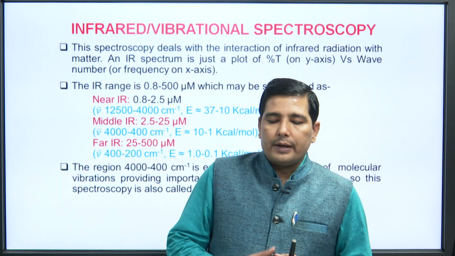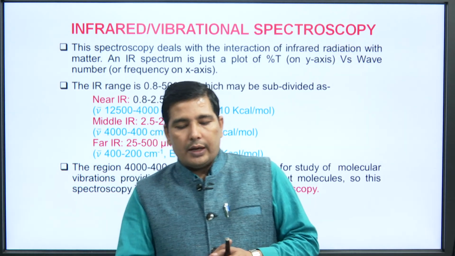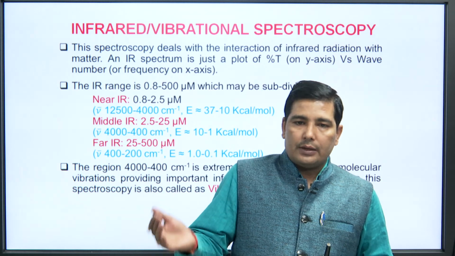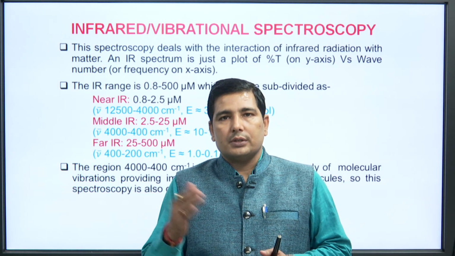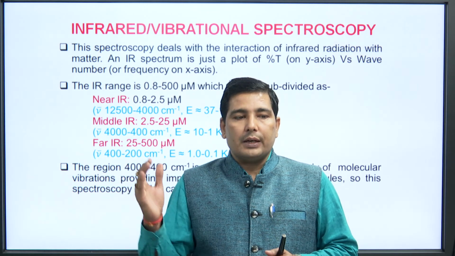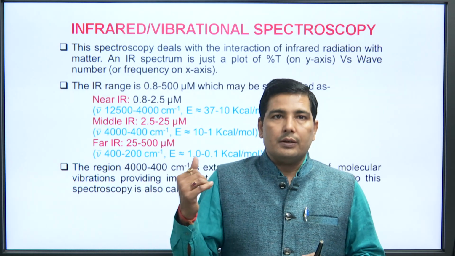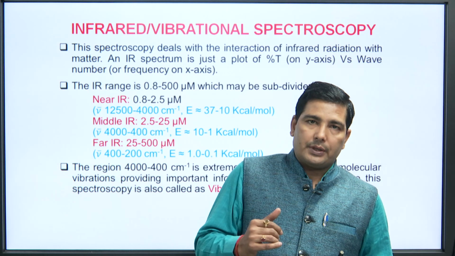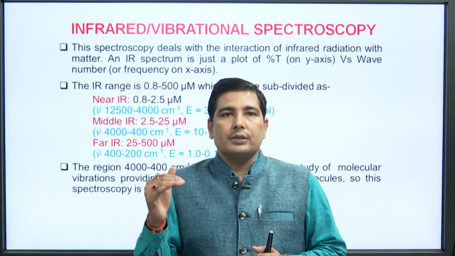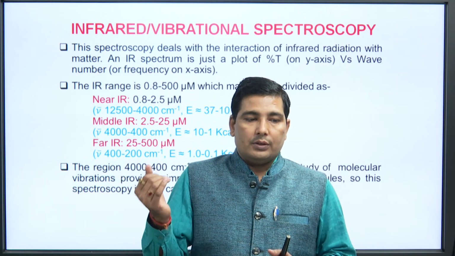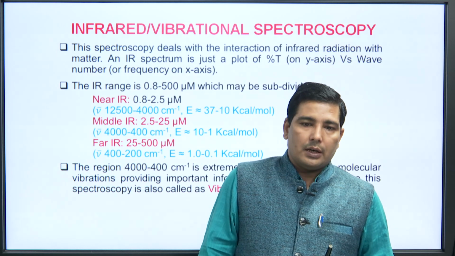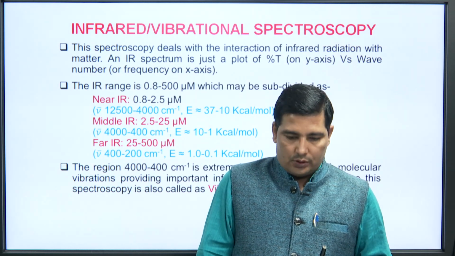Now, infrared or vibrational spectroscopy. As we are always saying, what is spectroscopy? This is the interaction of electromagnetic radiation with matter, and different regions of electromagnetic radiation we have selected for different spectroscopic techniques. Every spectroscopic technique has its unique use by which we can determine the properties of a molecule.